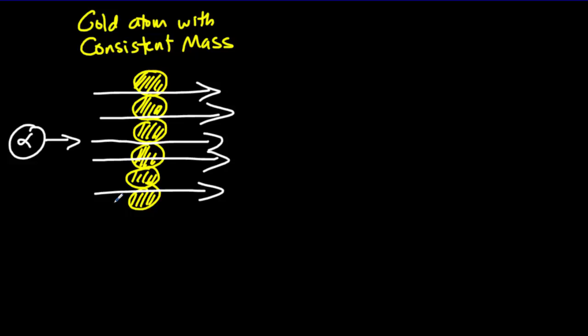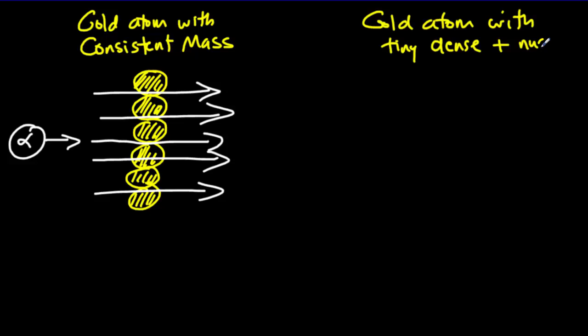Now we get a very different prediction if we consider a gold atom to have a tiny, dense nucleus. So I'll do my single layer of gold atoms, but now I've got these tiny nuclei, and we'd have the electrons moving around the outside, creating the size of the atom.